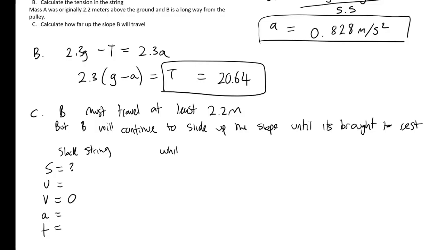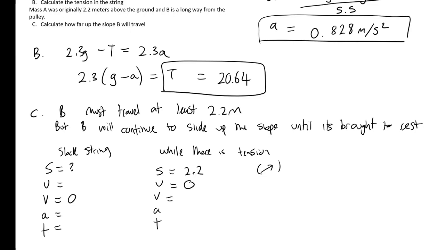So while there is tension, B travels 2.2 meters up the slope, taking up the slope to be positive. It starts from rest.